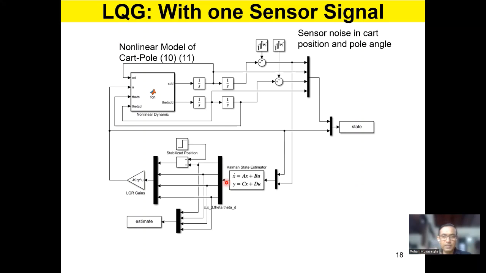And these estimates from the Kalman filter go as input to the linear quadratic regulator, because the regulator needs all four states, either directly from the plant or through the estimator. This time it is through the estimator. Then the quadratic regulator produces the control signal, and it goes to the plant.